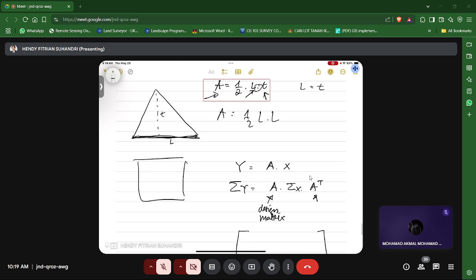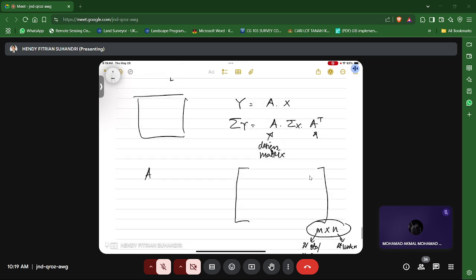Let's say in the case of this triangle, if we have only one observation, that means only one A, something like this.